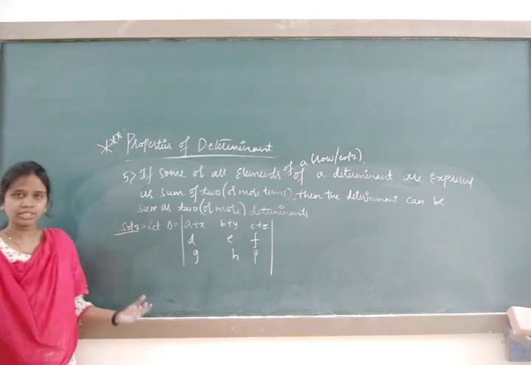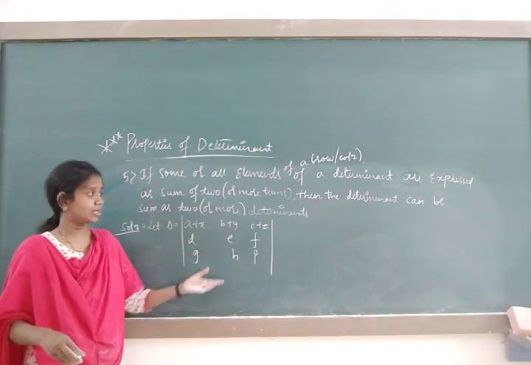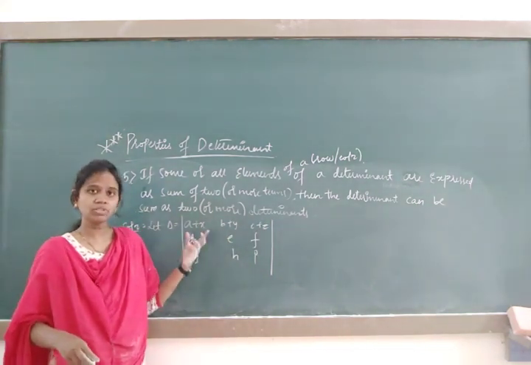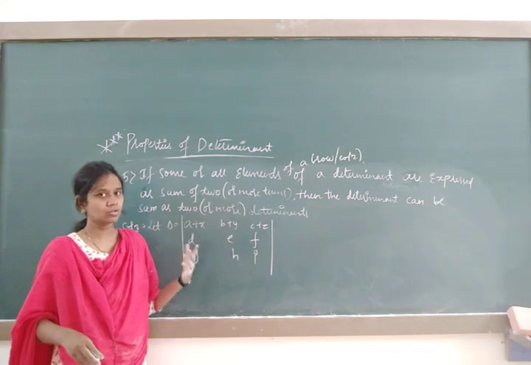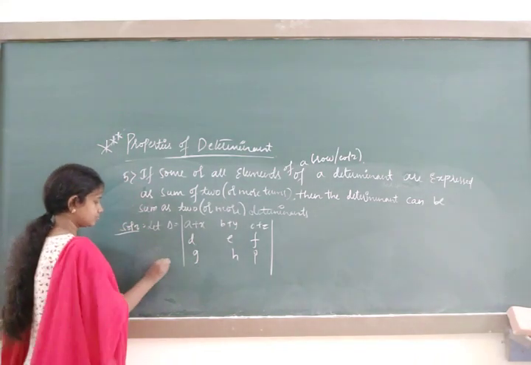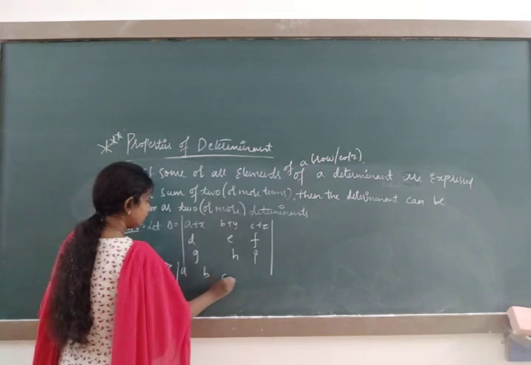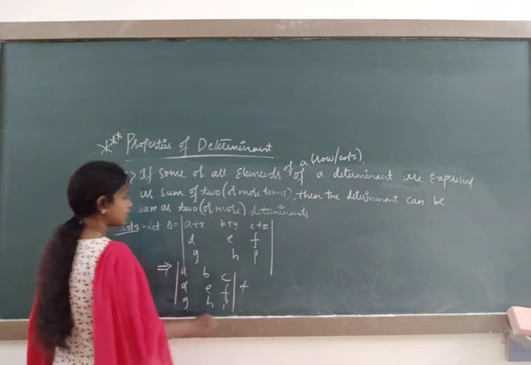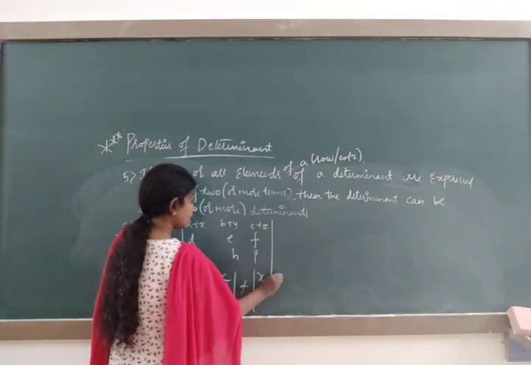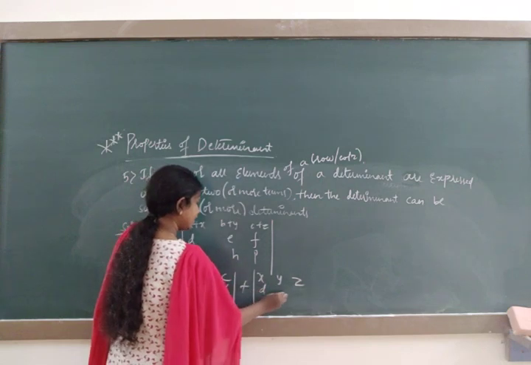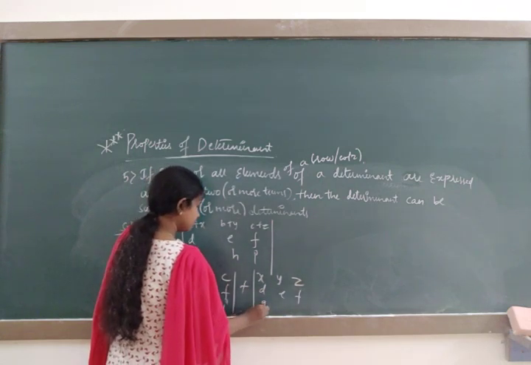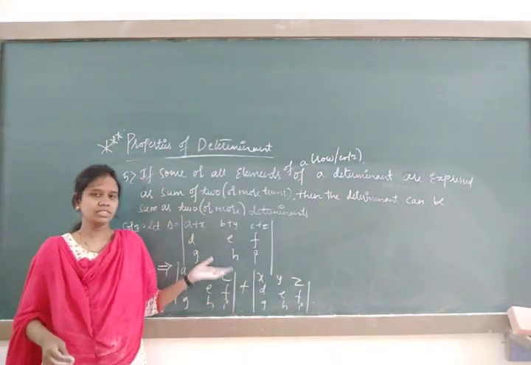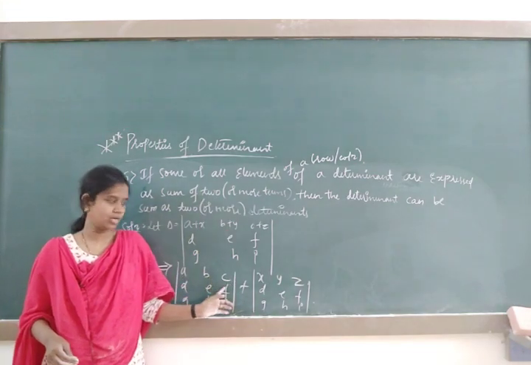In the problems, if you are facing this, it means this determinant you have to split into two or more determinants. If here are 2 terms, you are going to get 2 determinants. If here are 3 terms, you are going to get 3 determinants. A, B, C, D, E, F and G, H, I, plus, the first row will now become X, Y, Z, D, E, F, and G, H, I. The proof is not needed; I am just explaining the statement of the property.